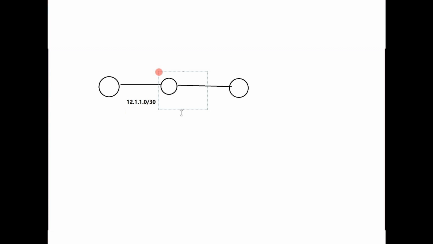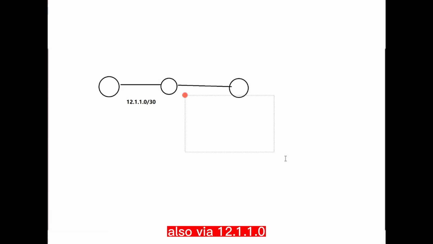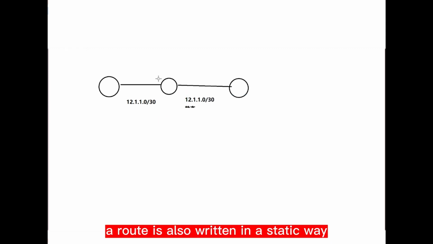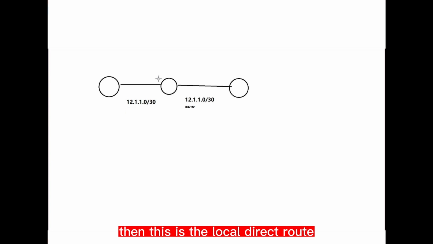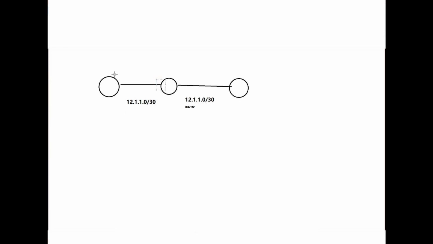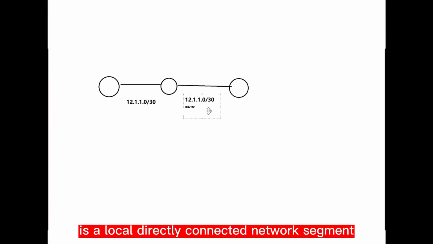Like now, the device learned a route through the direct connection, also 12.1.1.0, also a 30-bit mask. A route is also written in a static way. Then this is the local direct route. That is, this 12.1.1.0 network segment is a local directly connected network segment.